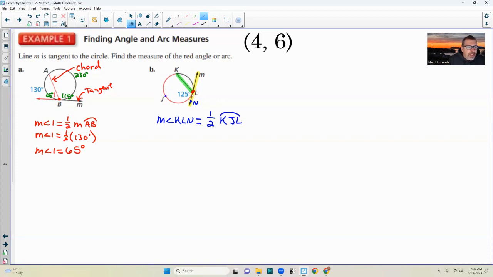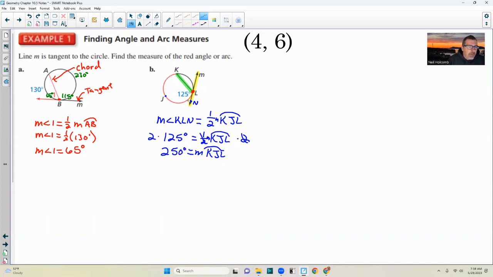So the measure of angle KLN is 125 degrees, and that equals 1/2 the measure of arc KJL. In order to solve this, you multiply both sides by 2 to get rid of the half. So 1/2 times 2 is 1, and I get the measure of arc KJL equals 2 times 125, which is 250 degrees.